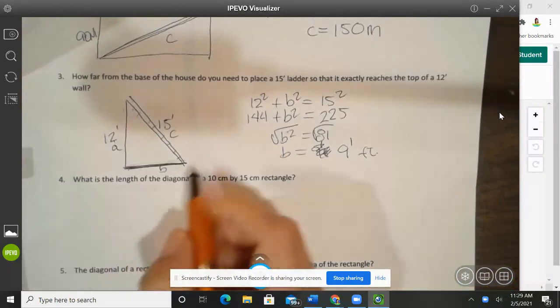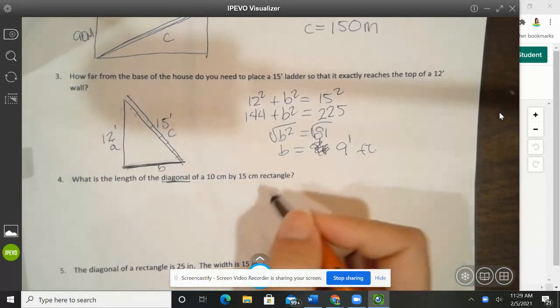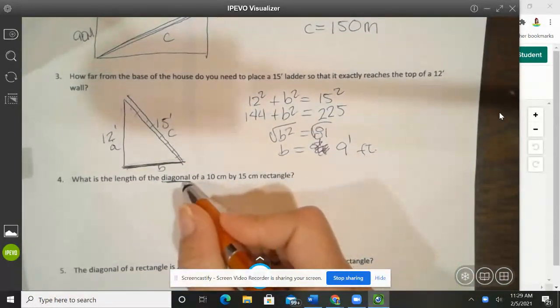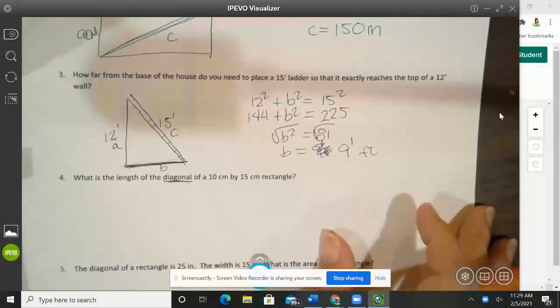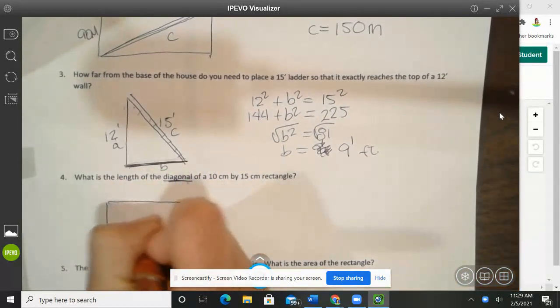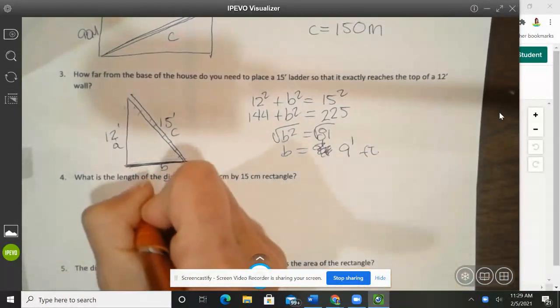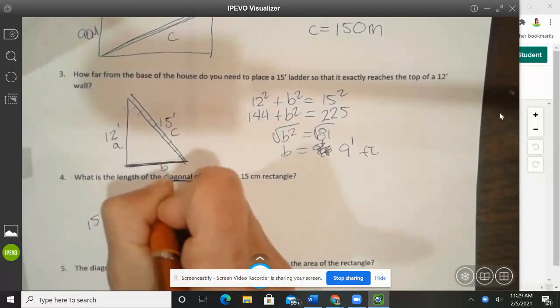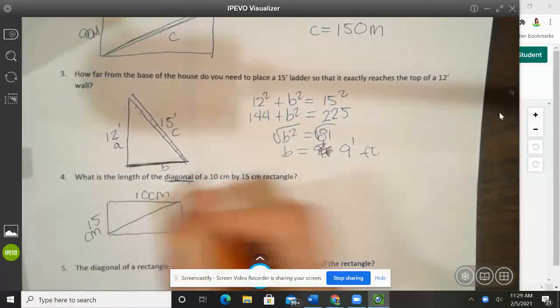So what is the length of the diagonal? Remember what I said about diagonal? Well, that's definitely C. So when you see this word diagonal, it's definitely C. Same thing with hypotenuse. That is also C. So we have a rectangle that is 15 by 10, or whatever, the other way around, centimeters, and then they're asking for the diagonal.